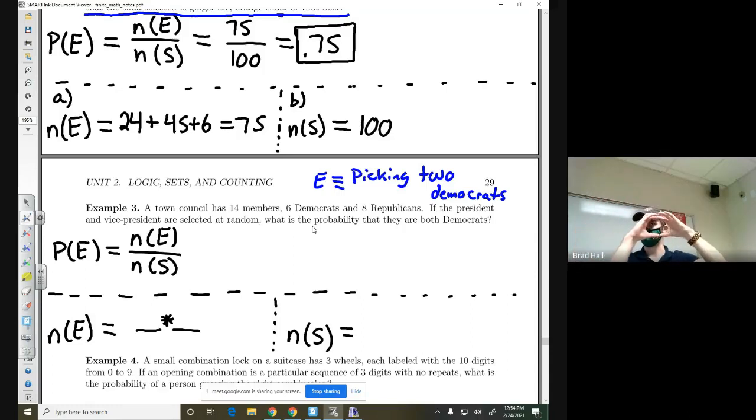Now we're selecting from a smaller space. It's 6 and 5, yes. There's 6. So notice also they didn't say anything about repetition, but we knew instinctively, well, you can't repeat people. So you're choosing one of the 6 Democrats, and then, well, you have to choose another one. So it's down to 5.